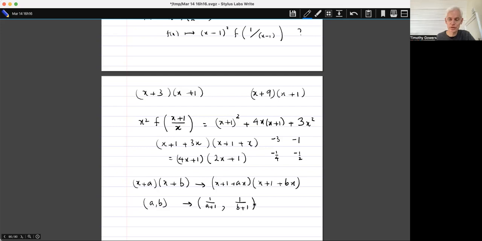That's one operation. So what I'm saying, the roots here are minus a and minus b, and if you calculate it, the roots here are minus 1 over a plus 1 and minus 1 over b plus 1. We see that there. Minus 3 goes to minus 1 over 4.